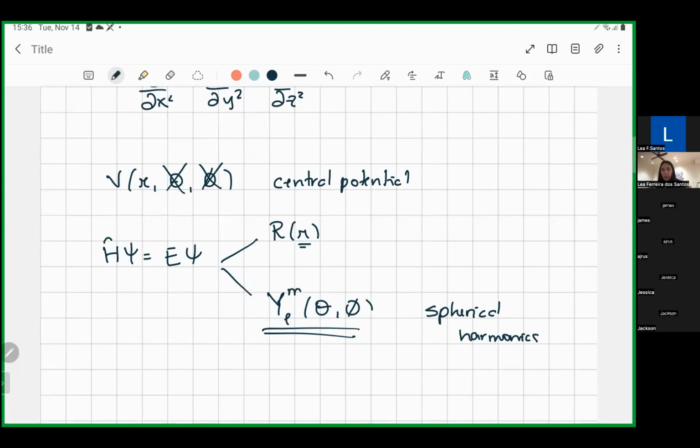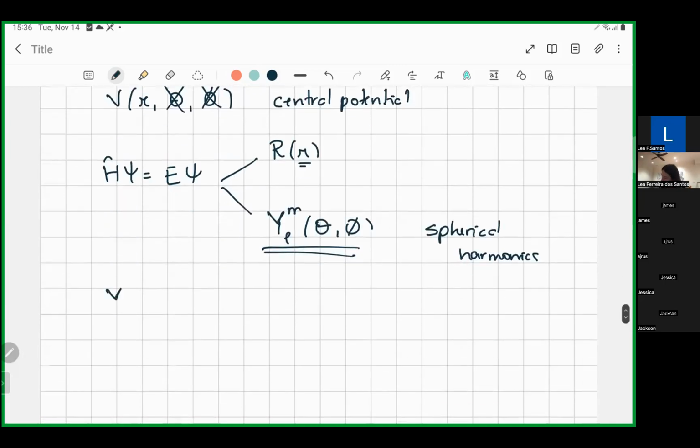And the solution for this one, normalized, I'm going to copy from your book, is equation 4.32, if anyone is following the book. So it is 2L plus 1, and then L minus M factorial, all this in the square root over 4 pi, and then L plus M factorial.